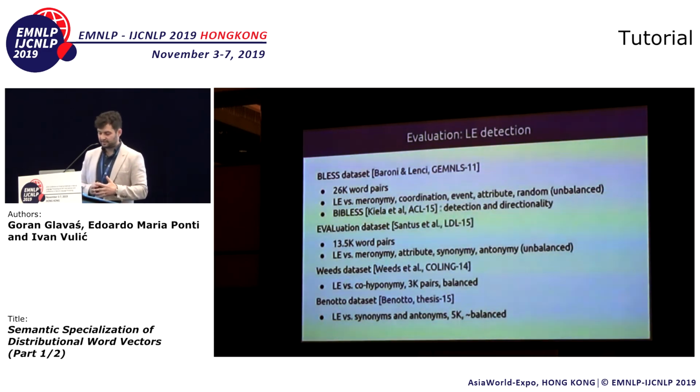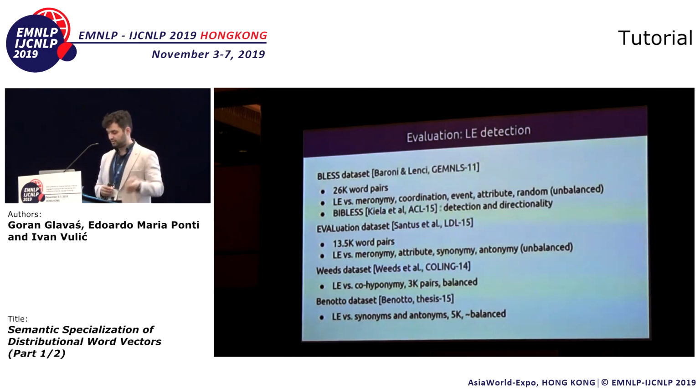The BLESS dataset, the evaluation dataset, Weeds and Benotto, they are always lexical entailment pairs versus pairs that stand in other relations, and these other relations are the usual candidates like synonymy, antonymy, or meronymy, coordination, and stuff like that. You have some variants that are then specialized, focusing on directionality, not just detection, like BBLESS, and so on.